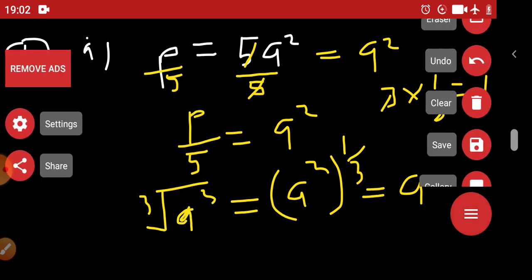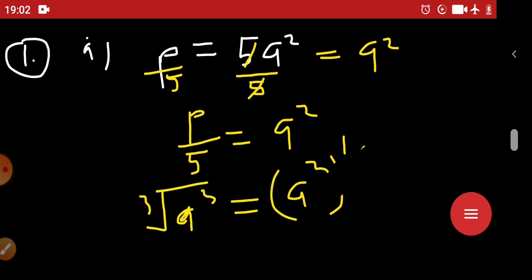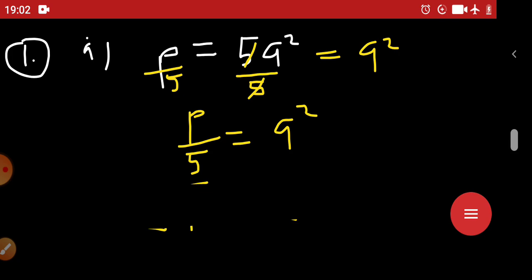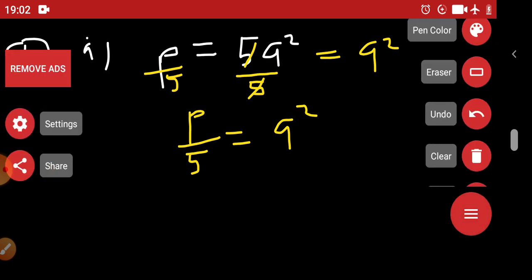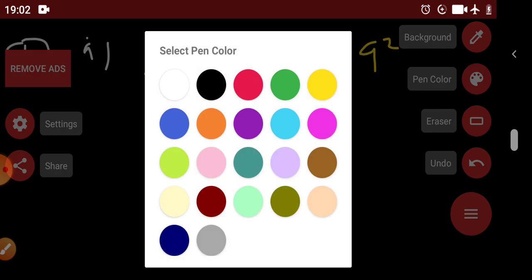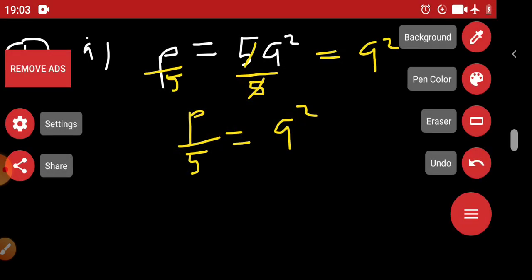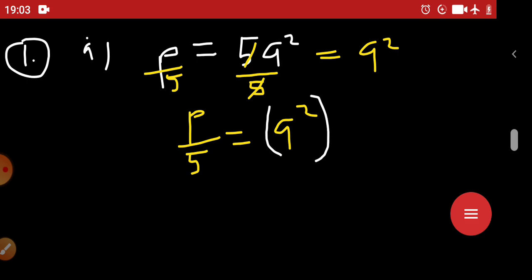So let's go back to the question. Now we have a squared. So how are we going to sort this? From what I've said, you simply take this to the power 1 over 2 both sides.